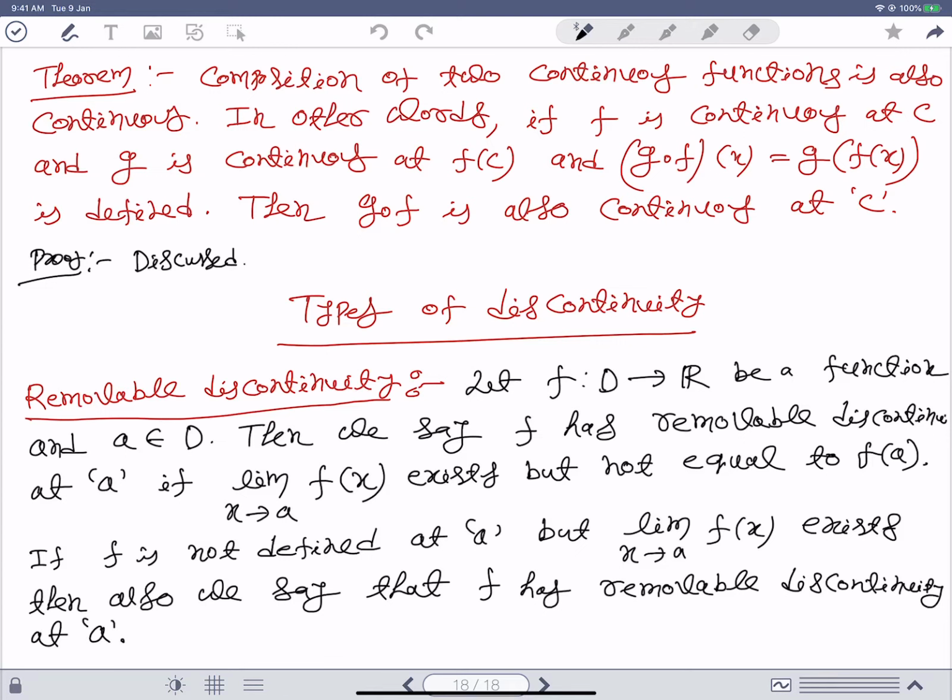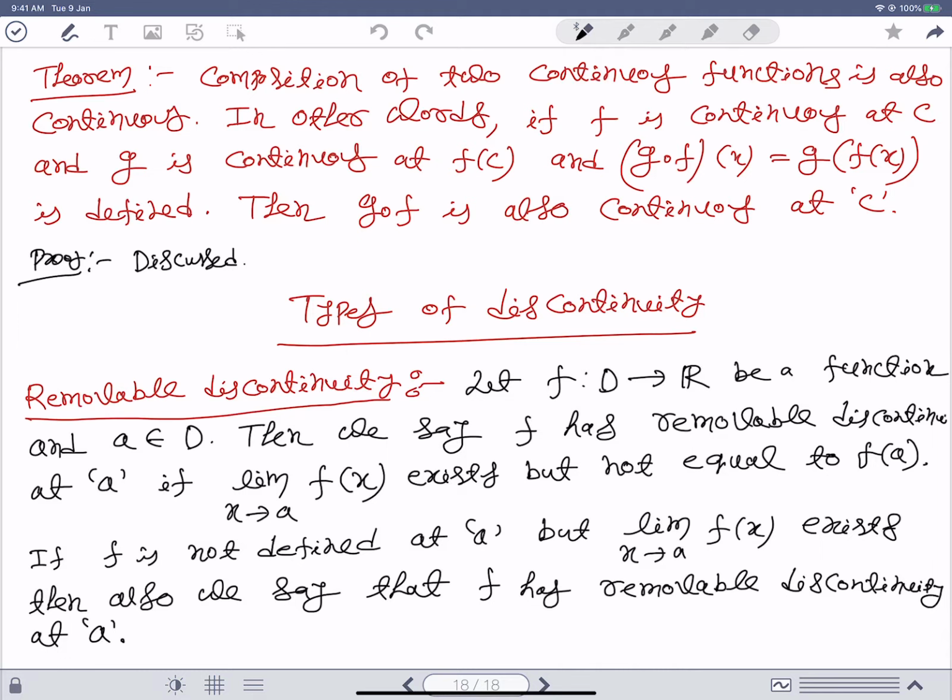In the first case, if the limit of the function f at x equal to a exists but is not equal to f of a, then we can redefine the function at x equal to a and we get a new function which is continuous at x equal to a, right? And in the second case, suppose f is not defined at all at x equal to a, but the limit of f at x equal to a exists.